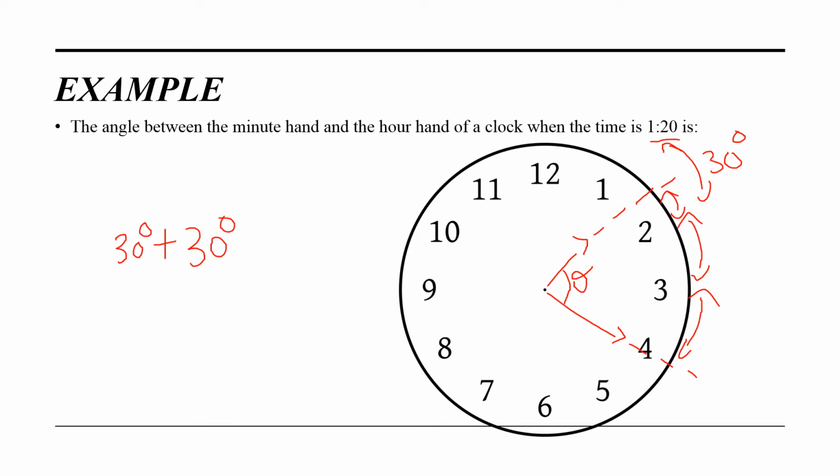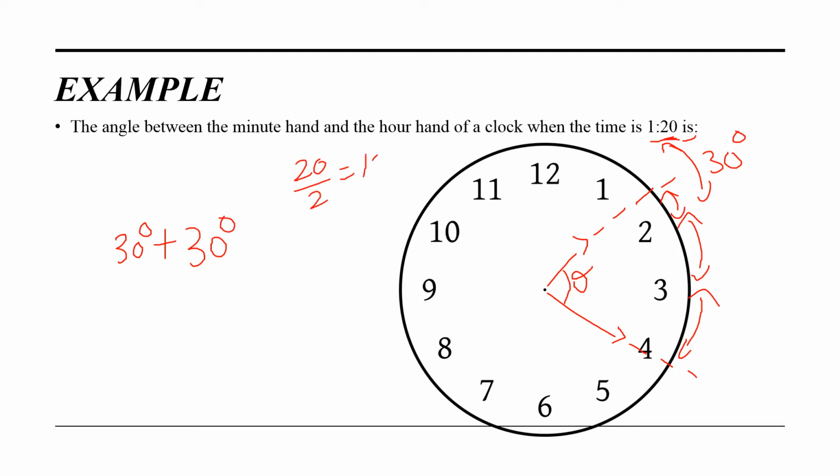From the previous slide, we also know that every minute the hour hand moves half a degree. So here the time is 1:20. For 20 minutes the hour hand moves half a degree per minute. Half of 20 means 20 divided by 2, which gives you 10 degrees.